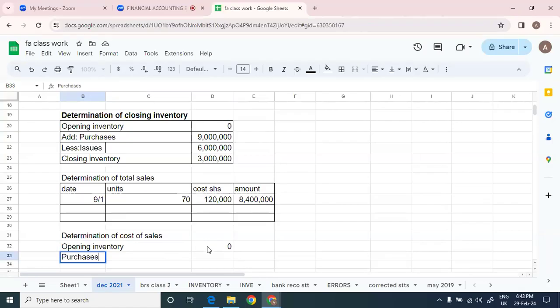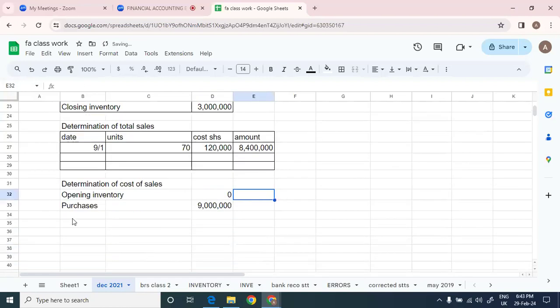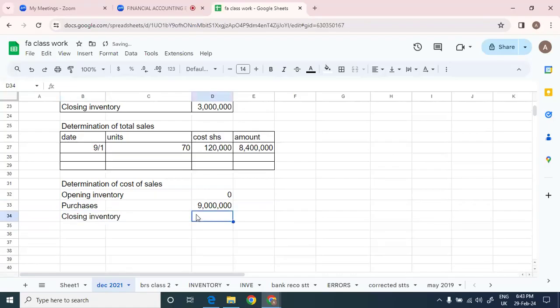Our purchases, we already know, is 9 million. We less our closing inventory. Our closing inventory is 3 million.